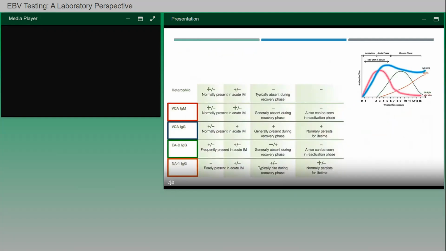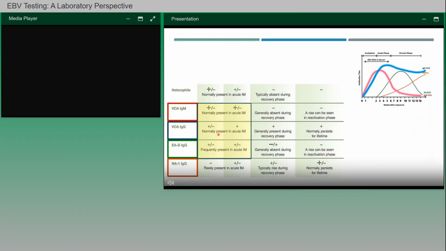So when you take these markers together, you can do some rough estimating of where the patient is with regard to their infectious cycle. So you can see in table form the graph that I just showed you. I prefer the graph, but a lot of people like the table. For example, in the acute phase of infection, you would expect to see the VCA IgM.